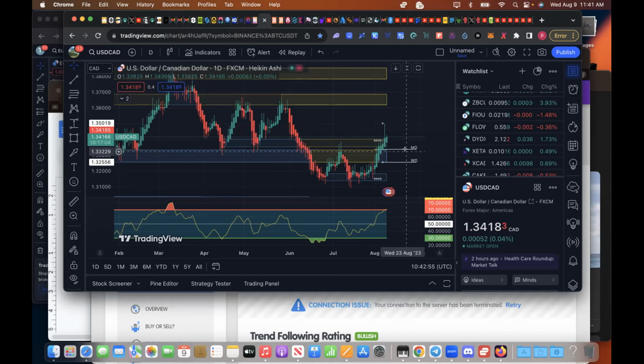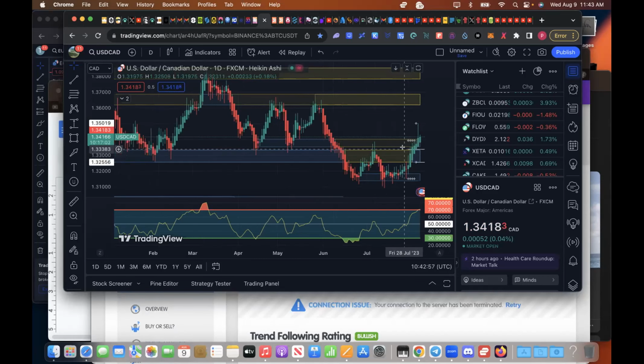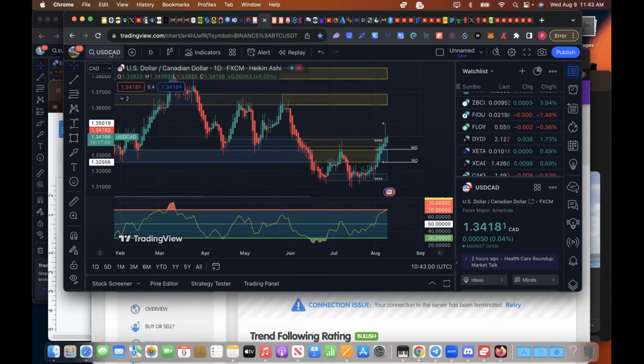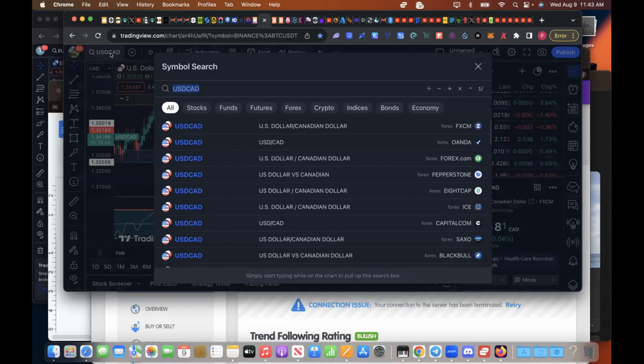So I will not trade this pair. For me, I'm out of this USD CAD. I'm not interested, but it can be a good trade if you have the patience to follow it as much as possible.